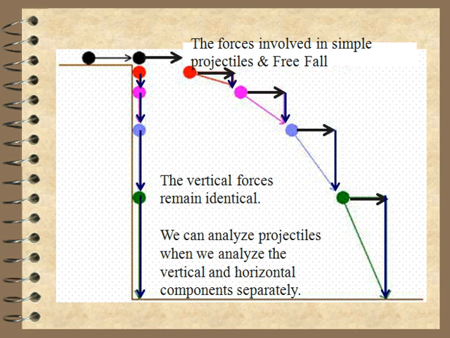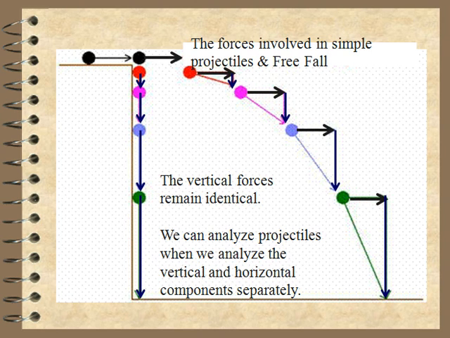At 9.8 meters per second squared. So every second it is going 9.8 meters per second faster. The vertical forces are identical for both the projected one and the one that is free falling. They're identical to each other, which helps explain why they landed at the same time.